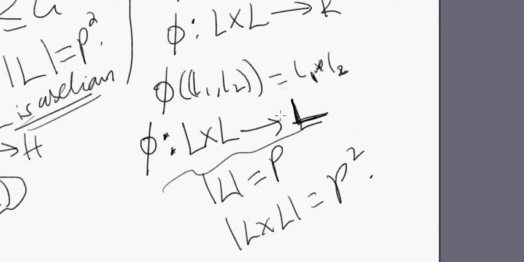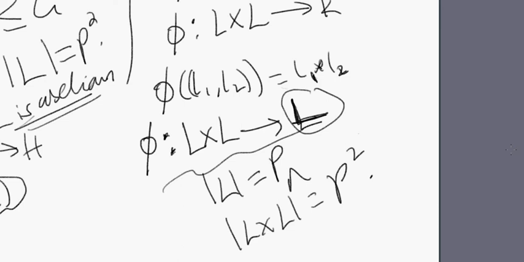If you look at just the image of phi, it's going to be a homomorphism from L cross L to the group itself, L. And since the order of L is P, which is less than the order of L cross L, right? How could phi ever possibly be an isomorphism, right? Because the map is surjective, sure, but how do we know it's injective? Can it even possibly be injective? Right? So many questions there.